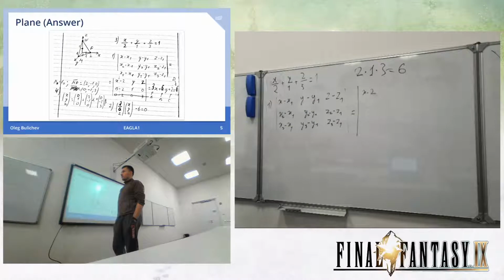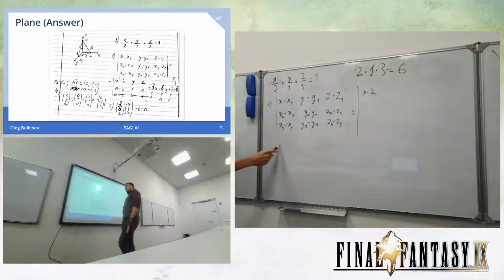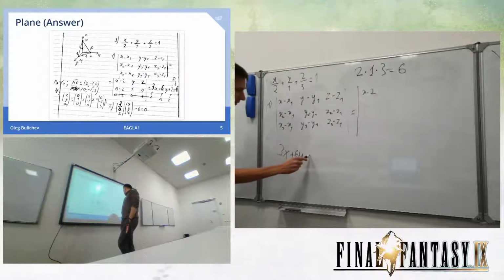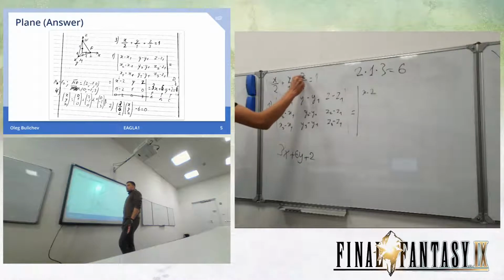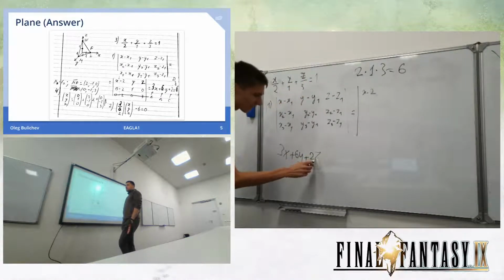We multiply 2. Okay. The equation. 2z minus 6.